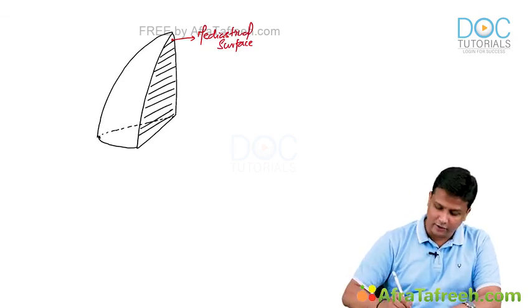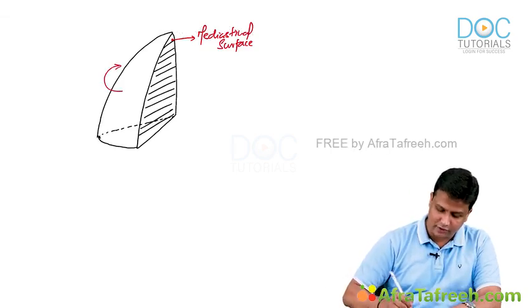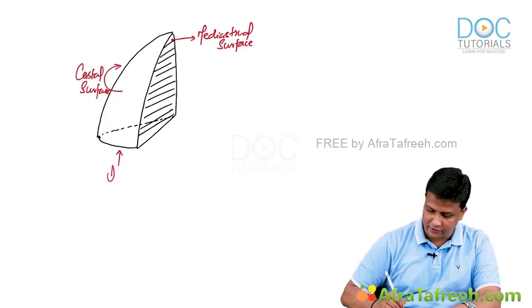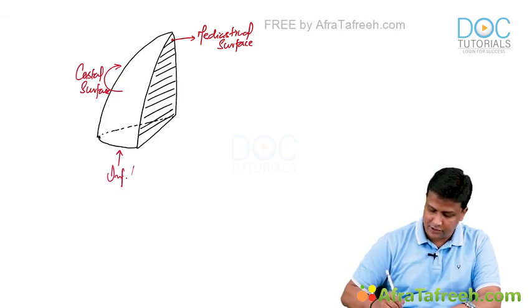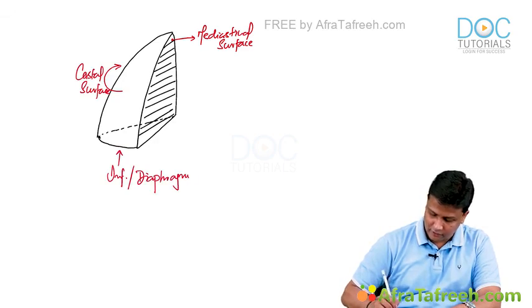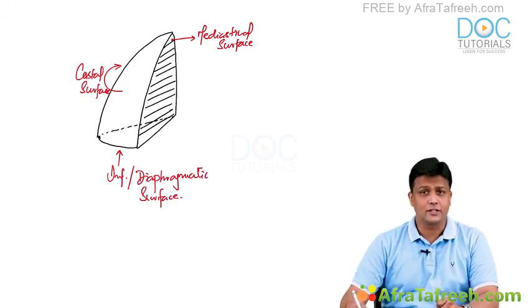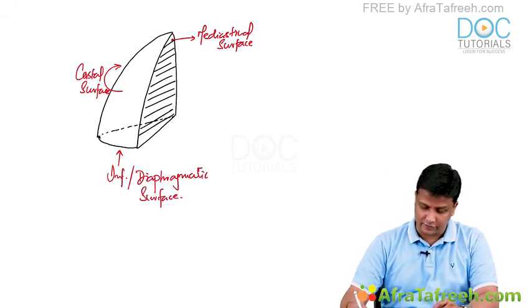This here will be the costal surface of the lung, towards the ribs. And finally, this one below will be the inferior surface of the lung, or else we can also call it the diaphragmatic surface. So the mediastinal surface, the costal surface, and the inferior or diaphragmatic surface of the lung, guys.